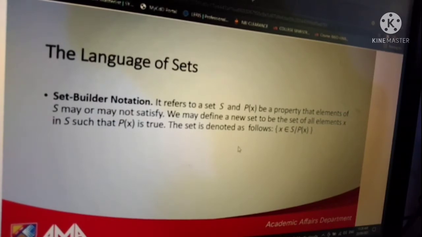Be a property that elements of S. So bakit set of S? Kasi may mga elements siyang S. At yung elements na yon is written into a roster notation. Kumbaga, yung S na yon, yun yung object.